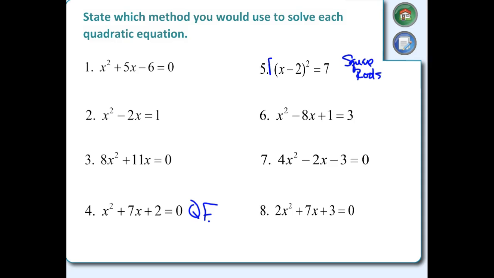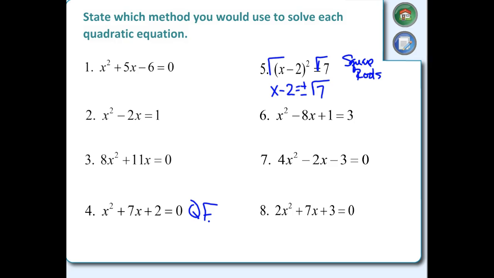So we take the square root of both sides, and remember we'd have x minus 2 equals. Remember what we've got to put in front of the square root of 7? Plus or minus the square root of 7. Whoops, I didn't put the root around there. Let me write that again. That didn't work out too well. All right, so we would say plus or minus the square root of 7, and then we'd finish the job.